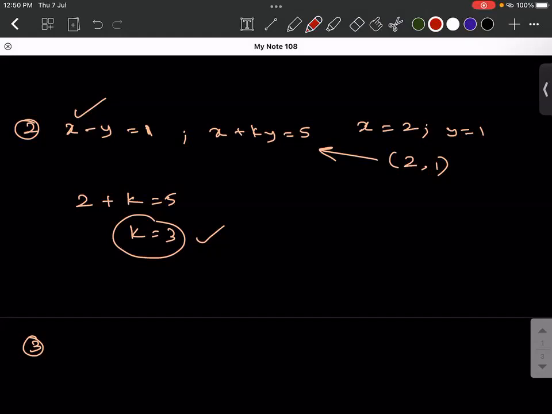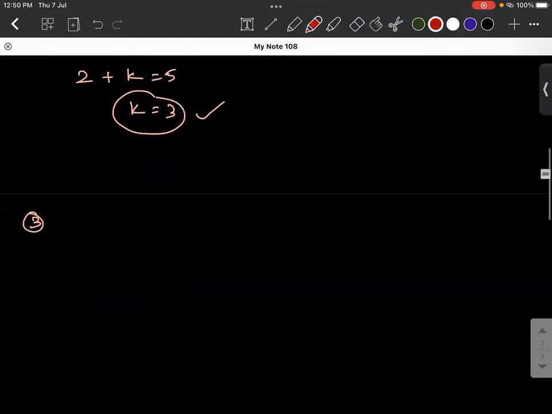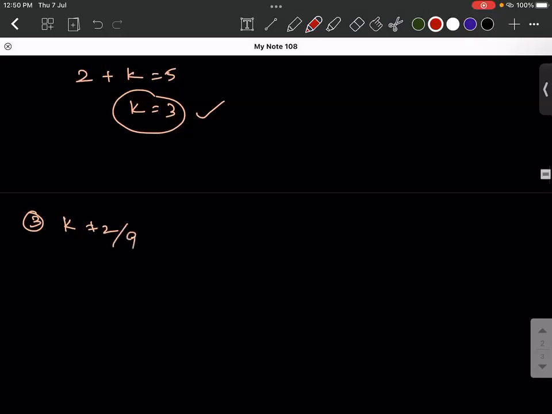So what is the answer? For third one, a is not equal to 12. Correct? 2 by 9. Okay. So I hope everybody got it, right?